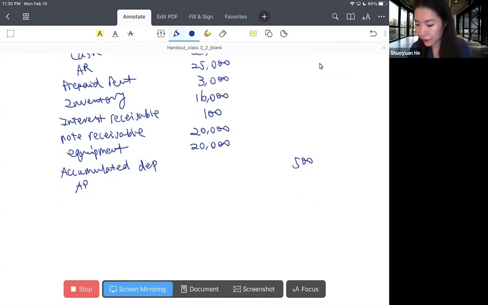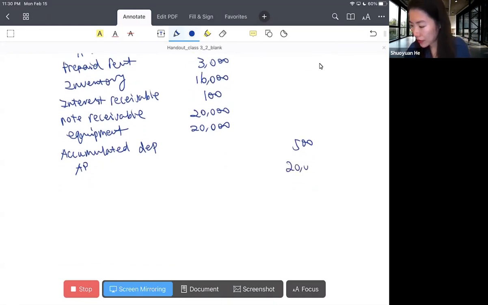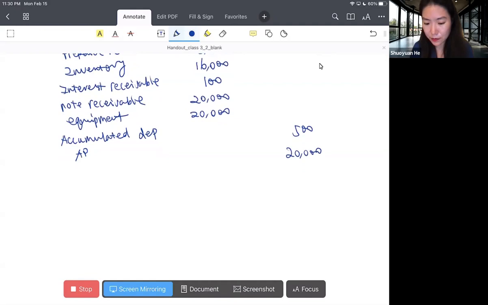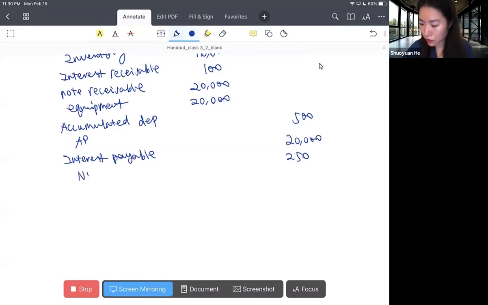Accounts payable, 20,000. Interest payable, 250. Notes payable, 30,000.